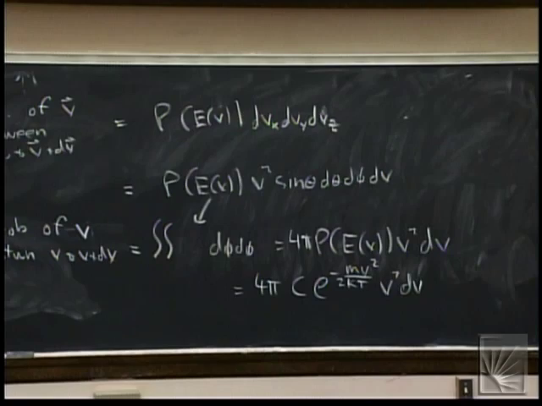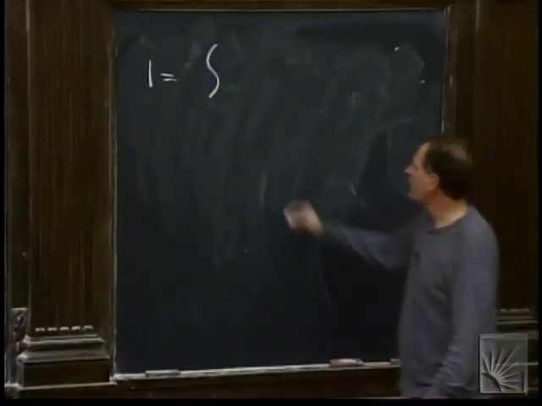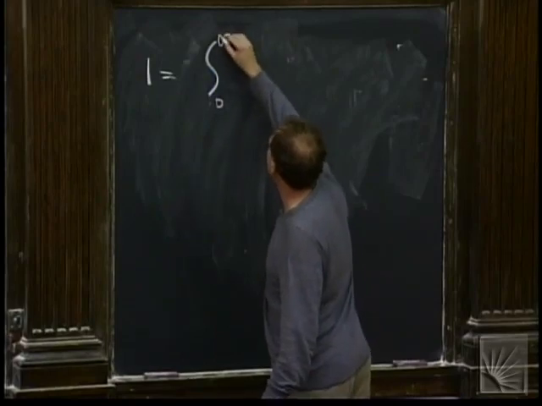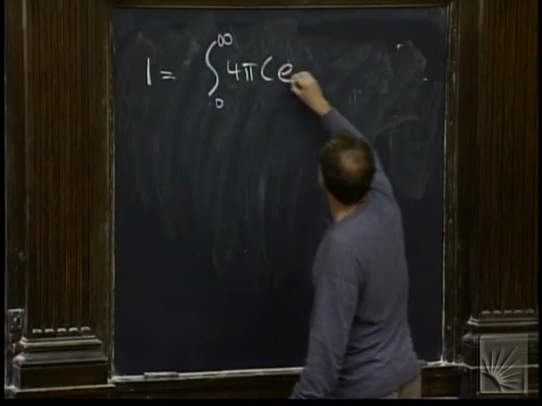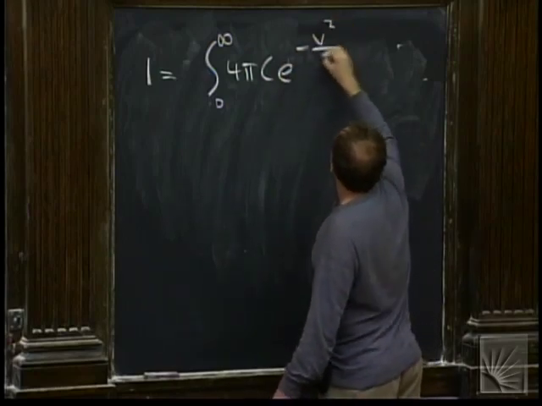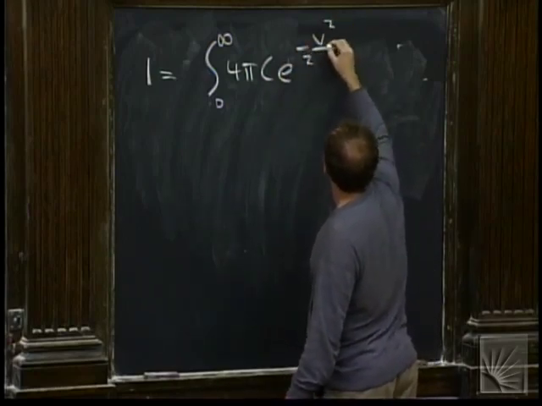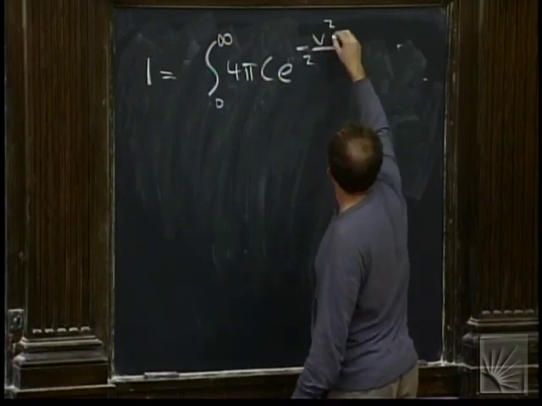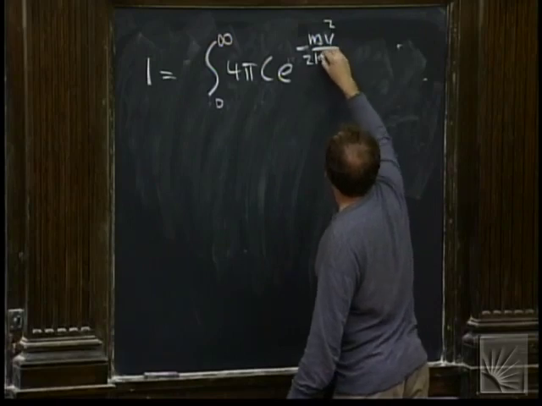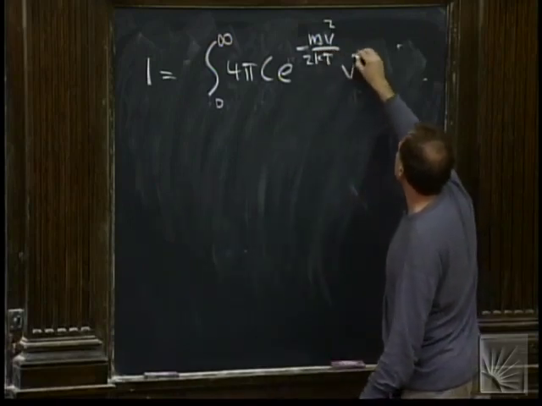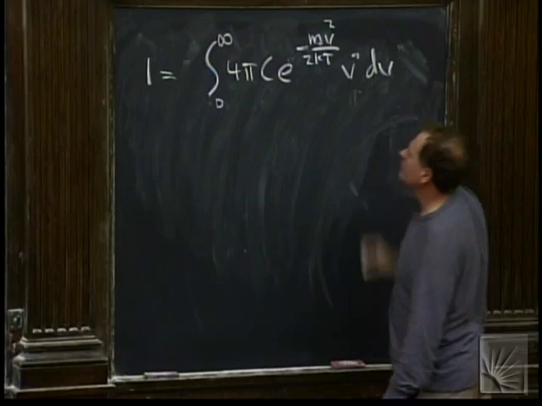Let's go ahead and find c. The total probability, 1, is equal to the integral of all of this. 1 is equal to the integral from 0 to infinity of the whole thing, 4 pi c e to the minus m v squared over 2kt, v squared dv.